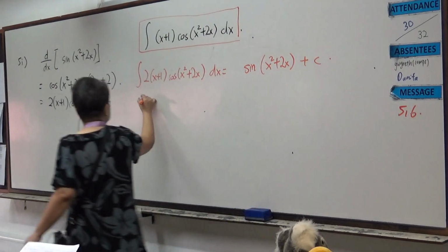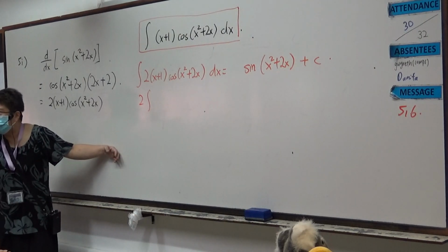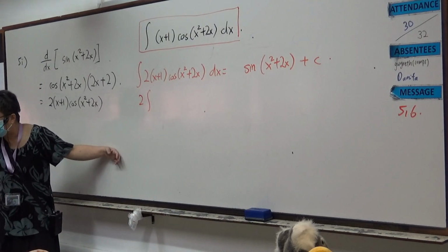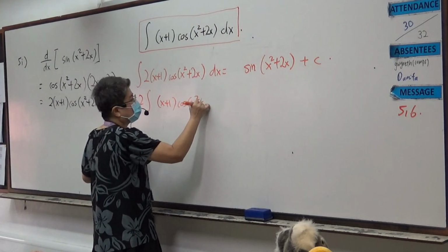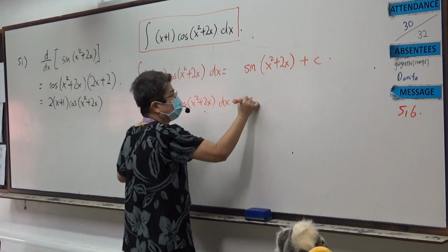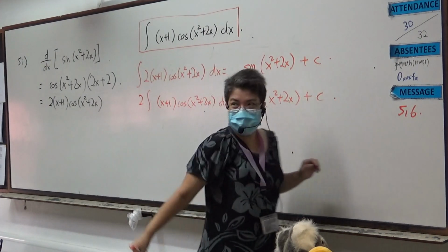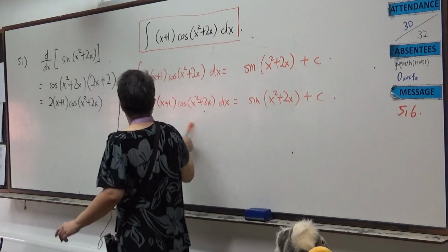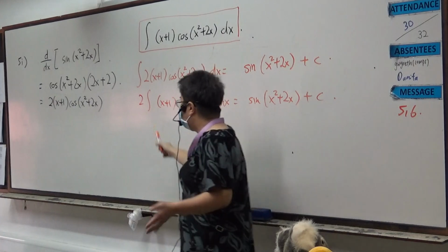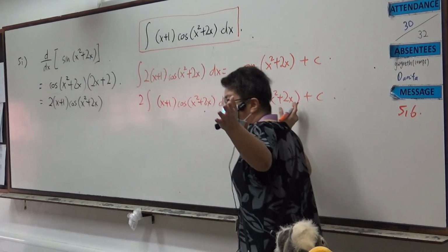No, but I can take out the constant too, right? Remember I said you can only take out constant. You cannot take out variable. Okay, so I will have this. Correct? Now, can you see this one is the same as this one? Only the one extra 2. So I must divide both sides by 2, right?